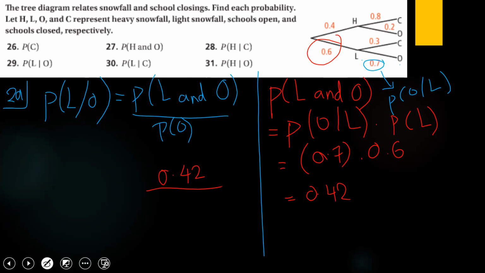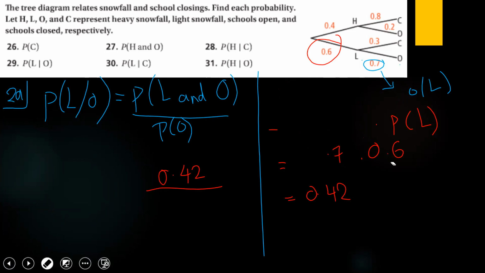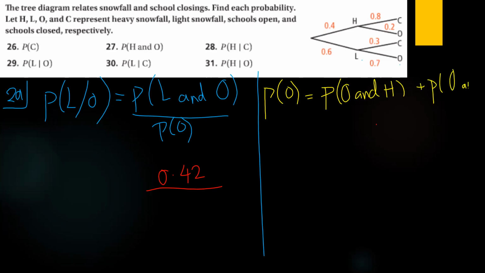Now I need the probability of O. To find the probability of O, how many O's do we have here? 2. As I did in C, I have to do here in O. In O here, we have the probability of O and heavy plus the probability of O and light.